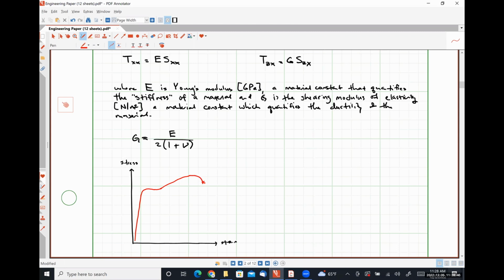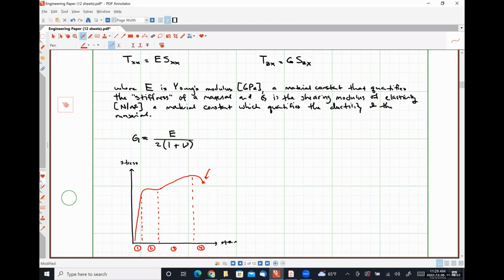All right, so let's define a couple of things here. So this is going to be region 1. We're going to talk about that in a moment. Here's region 2. Region 3. And over here is region 4.